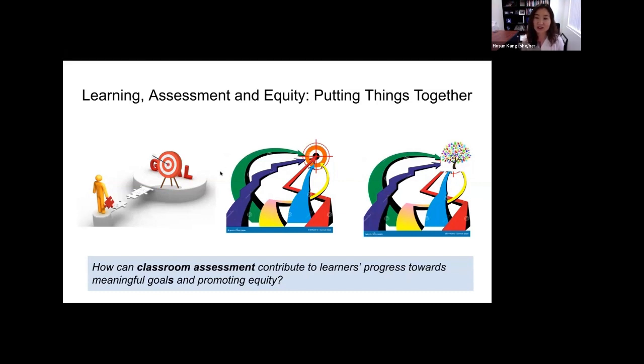It is also something that is important and meaningful to the community, such as creating a more just and sustainable future. So this is one version of thinking about assessment and equity. Depending on the perspective, we envision that the role and approaches of assessment and equity can be different.